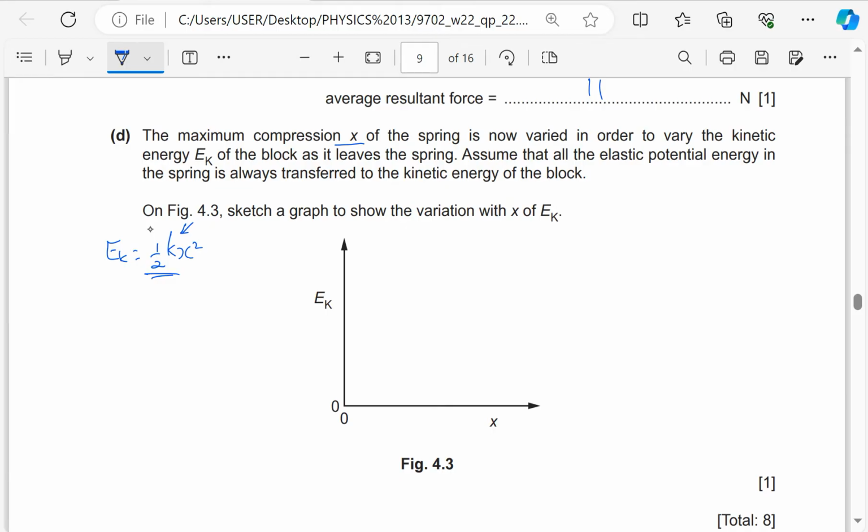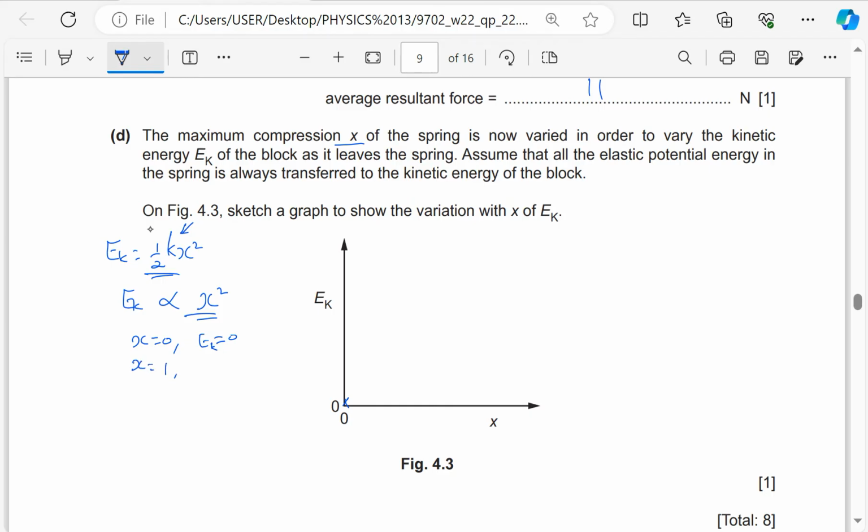Sketch a graph to show the variation with x of Ek. So it means kinetic energy is going to be directly proportional to the square of the compression. So that means as the compression increases, the kinetic energy increases as the square of the compression. For example, if the compression is 0, the kinetic energy is 0. That means the graph starts from the origin.